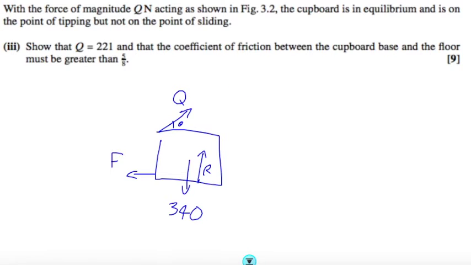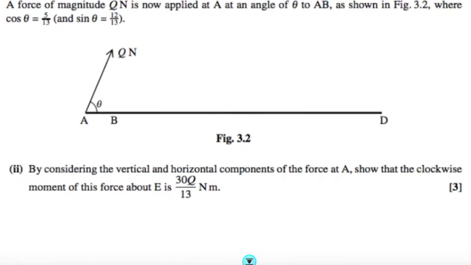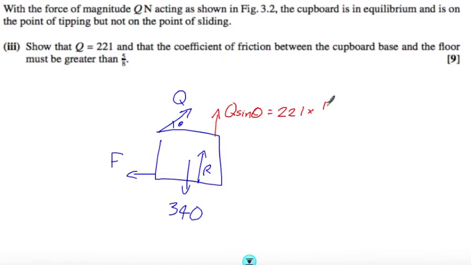So if we split up Q again, just like we did before, going up we've got Q sine theta, which we know now is 221 times 12/13. And then going this way, Q cos theta, which is 221 times 5/13. So let's work out the reaction force.